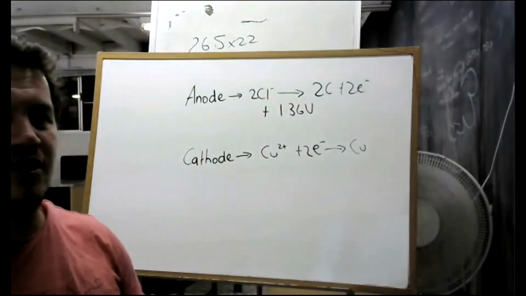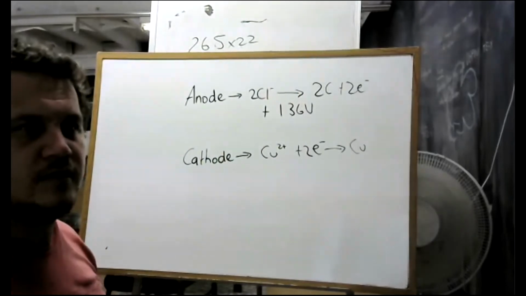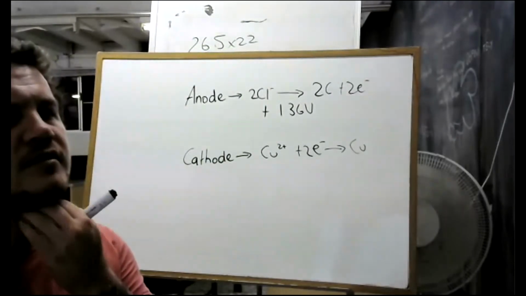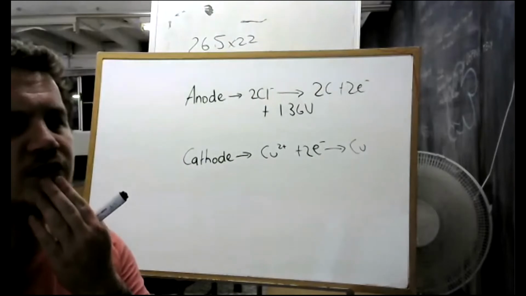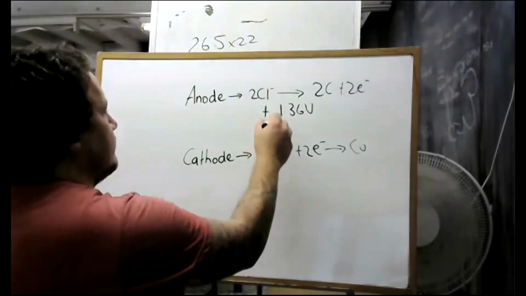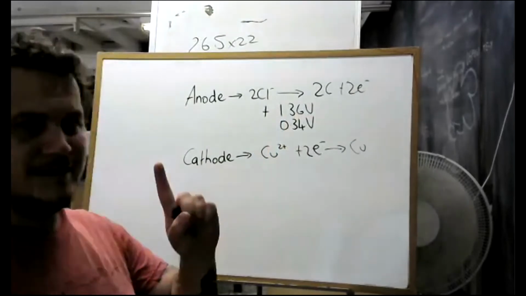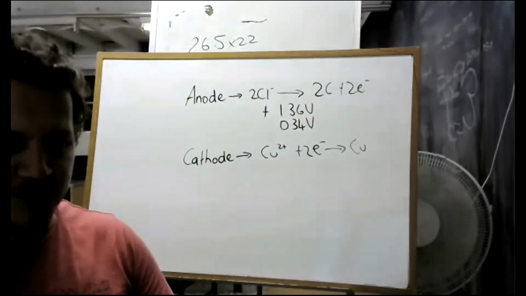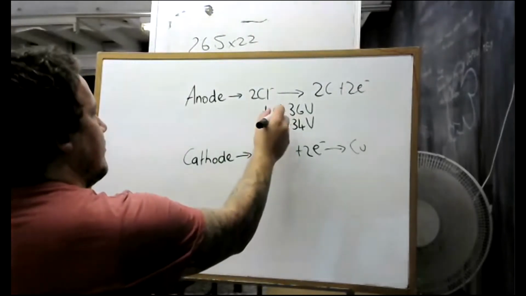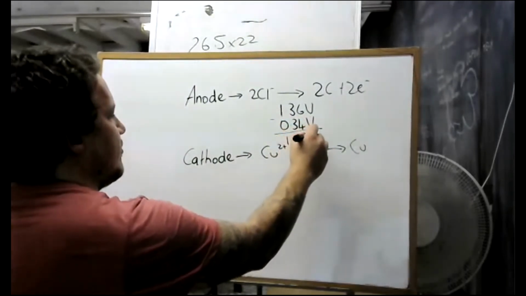The reduction of copper gives us 0.34. Now, when you're doing this, change the reduction into a negative. So that would give us 1.32 volts.